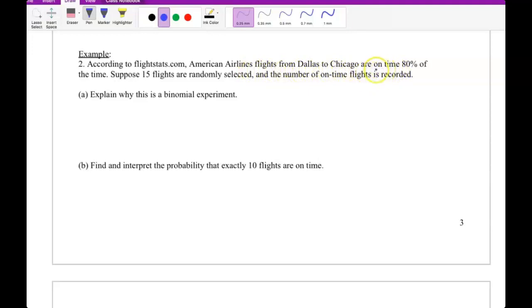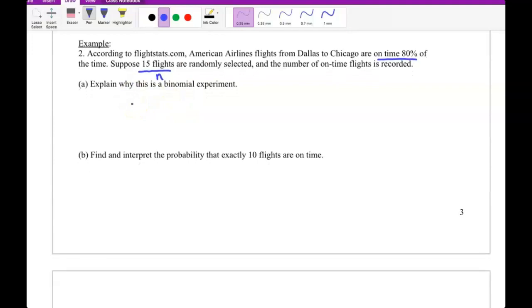This on time is probability of success. And suppose we have 15 flights, that is, number of trials n, randomly selected, and the number of on-time flights is recorded. Part A, explain why this is a binomial experiment.